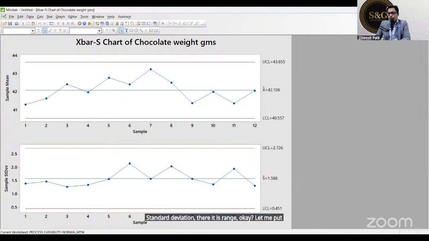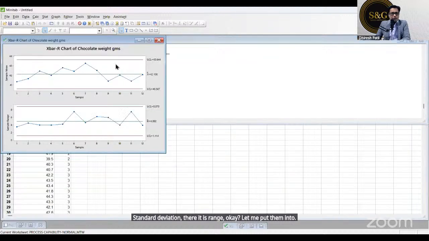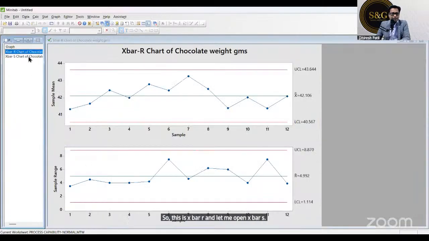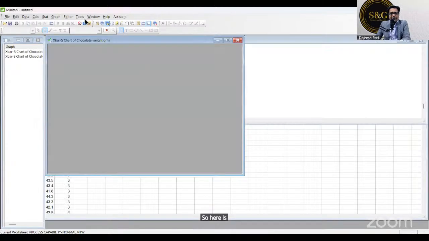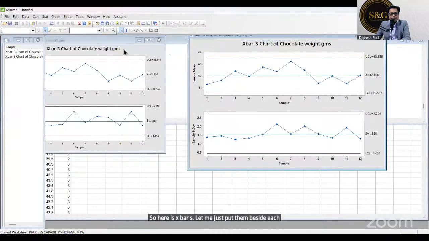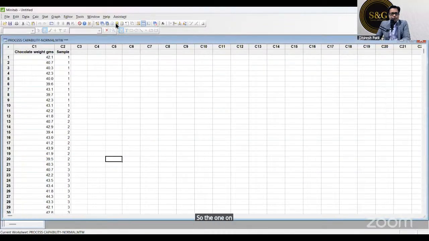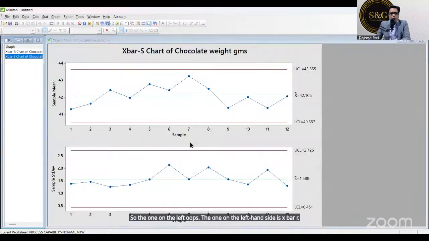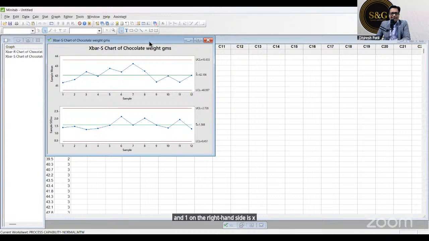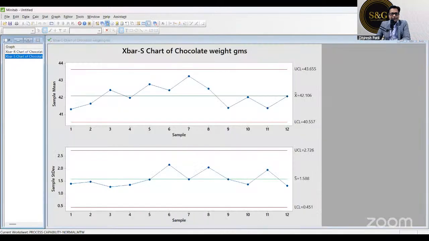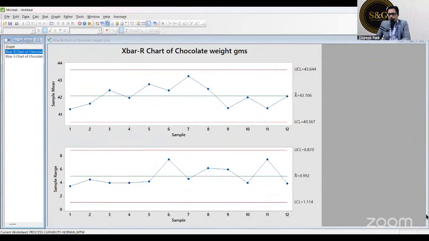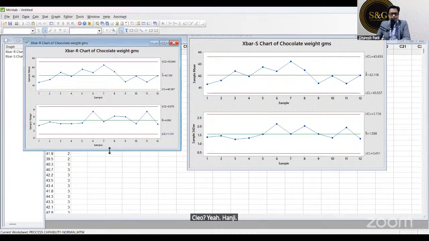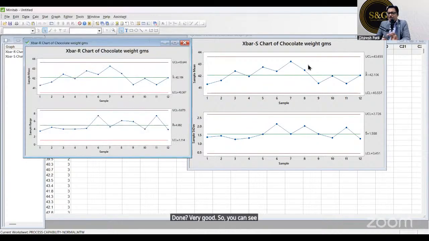Let me put them beside each other. So this is X bar R, and let me open X bar S. So here is X bar S. The one on the left hand side is X bar R, and the one on the right hand side is X bar S. Clear? Yes, so this is the comparison of X bar R and X bar S. You can see X bar remains exactly the same.